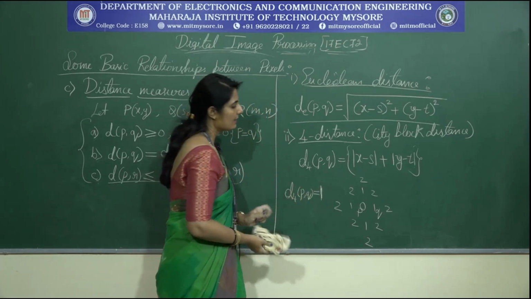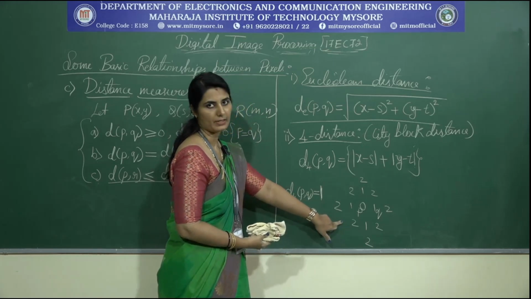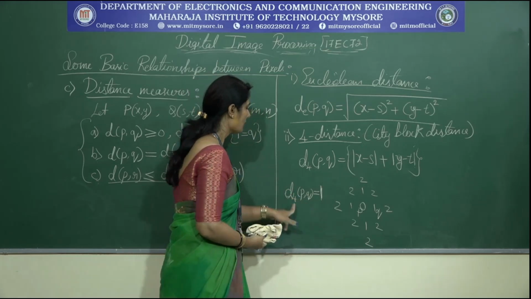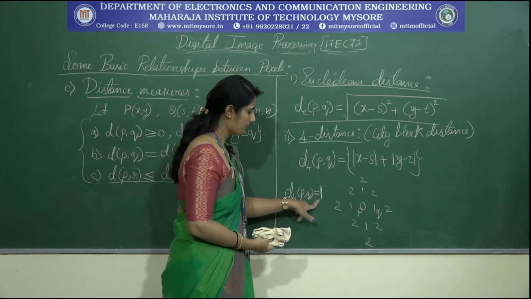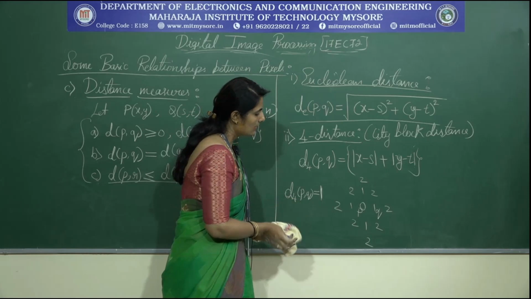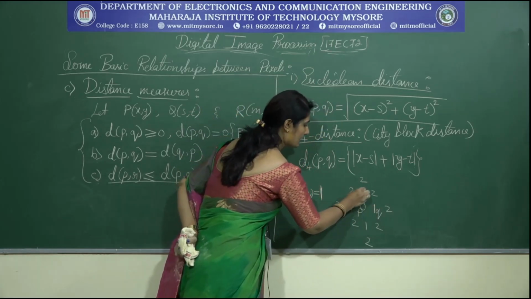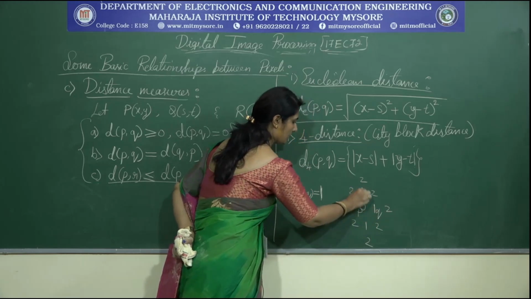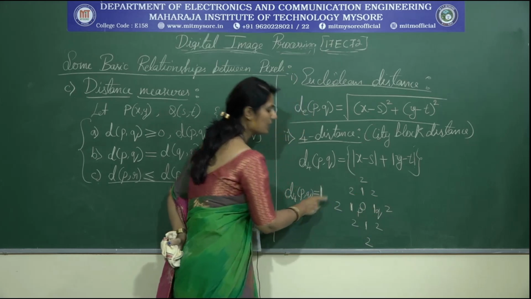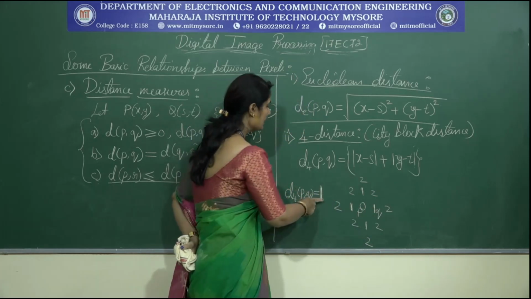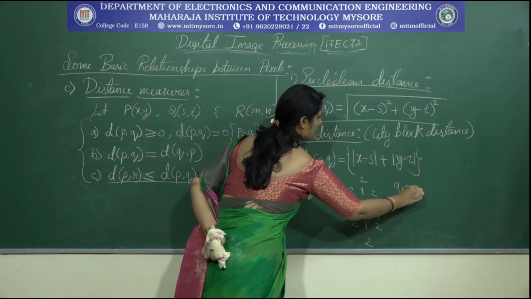Let us say that each and every pixel has unit distance between them. So now Q is the D4 distance of P if you consider the 4 neighbors of P. All the 4 neighbors of P have the unit distance 1. Then the distance of Q is equal to 1.